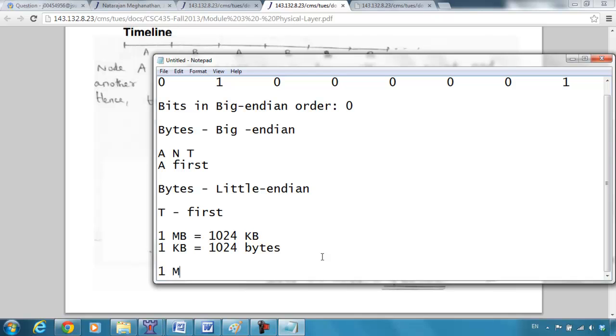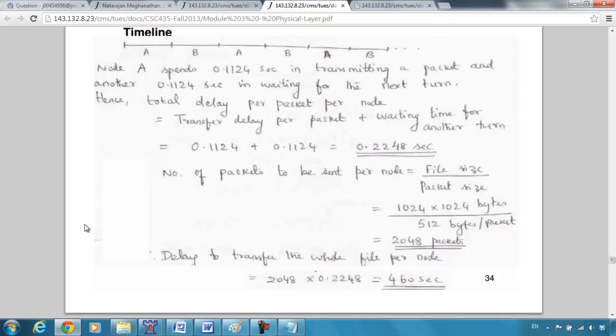So 1 megabyte is basically 1024 times 1024 bytes, and the packet size is 512 bytes per packet. So if you do the math, you get 2048 packets. So the delay to transfer the whole file per machine is 2048 times the time it takes for one epoch, which is 0.2248. So it is 460 seconds.